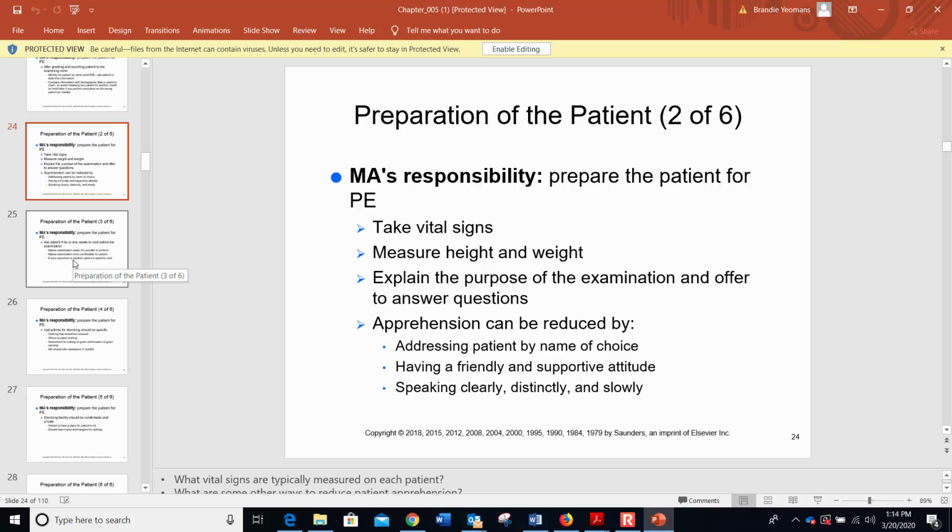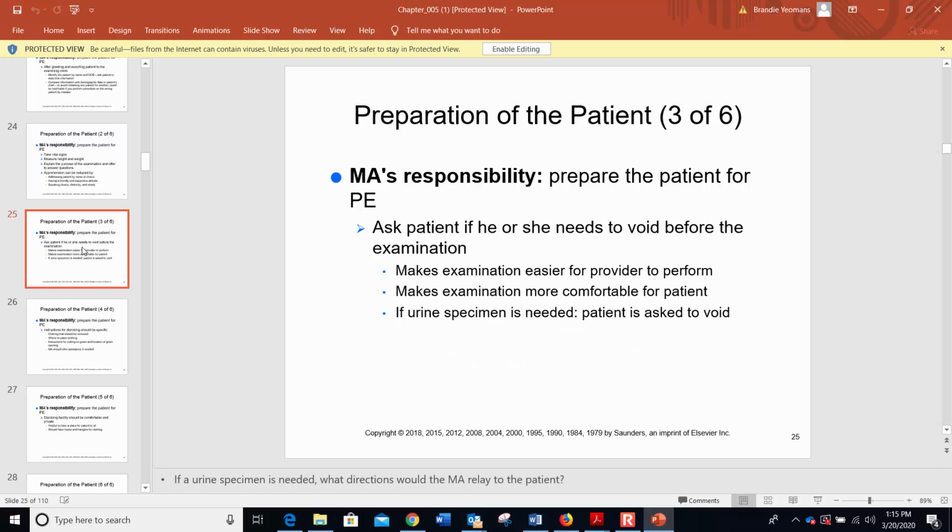So don't be so slow that people think that you are making fun of them. Just be slow enough that people can understand you. Enunciate properly. Use proper grammar in English. You are not at the disco. You are at the office. This is a professional environment. So remember those things when you're talking to your patients, okay?